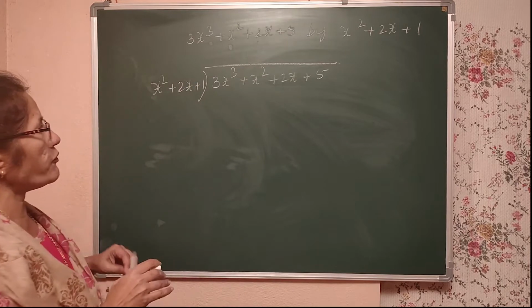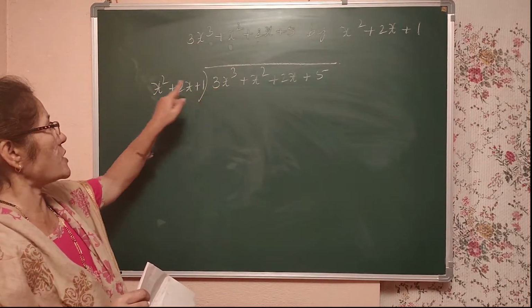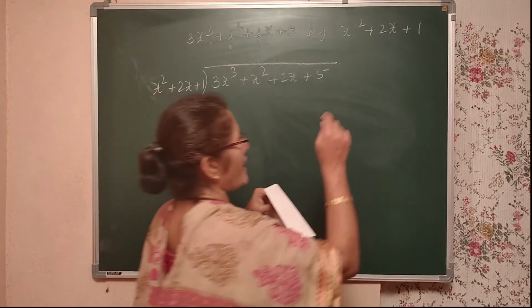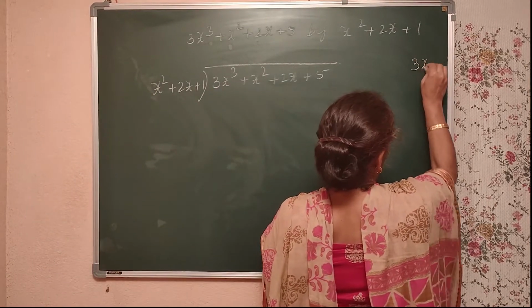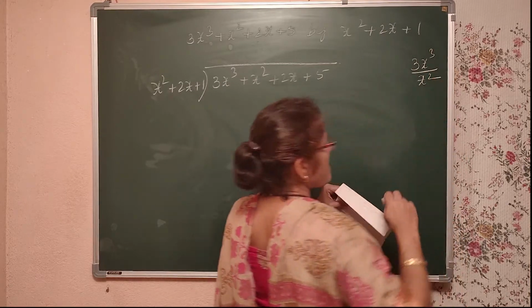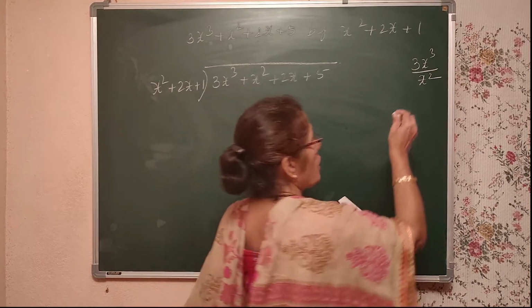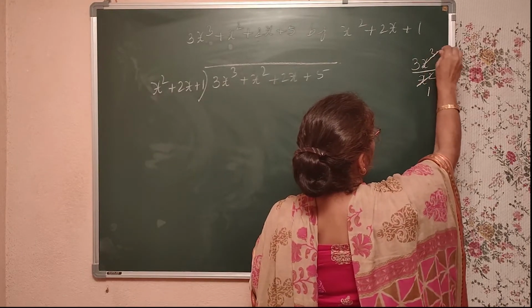What did I tell you? You have to compare the first term of this and the first term of this. What is the first term of this? 3x cube. What is this? X square. On the side you do 3x cube divided by x square. What is x cube? X multiplied 3 times. What is x square? X multiplied 2 times. So x square cancels, here x remains.